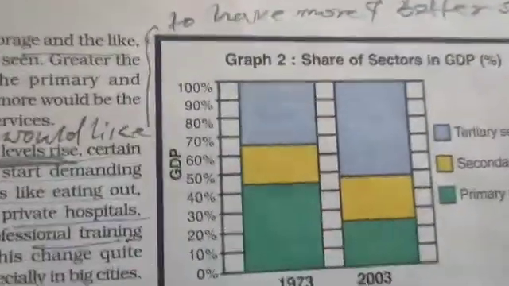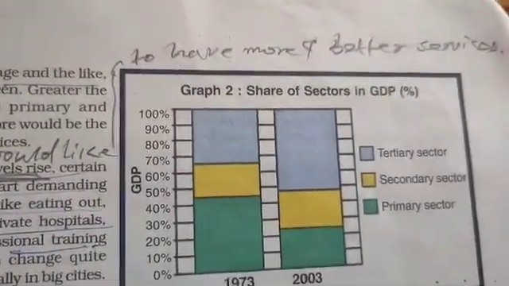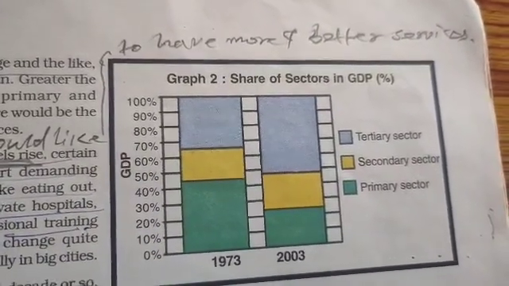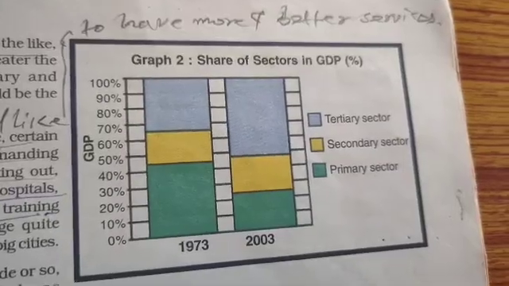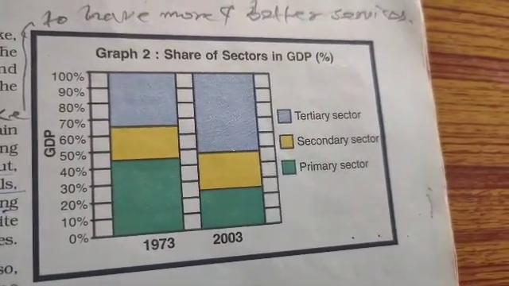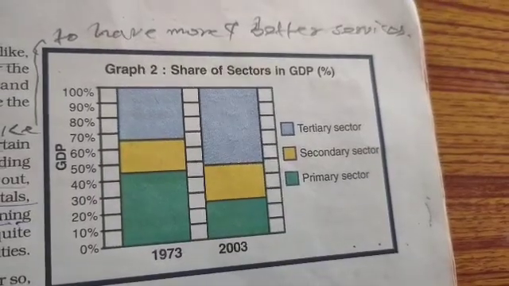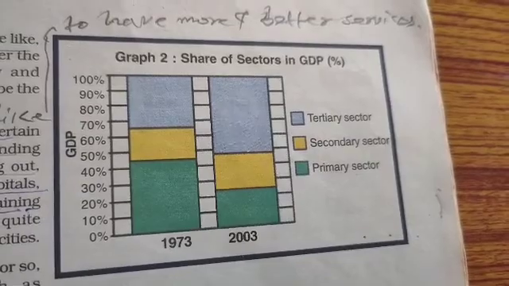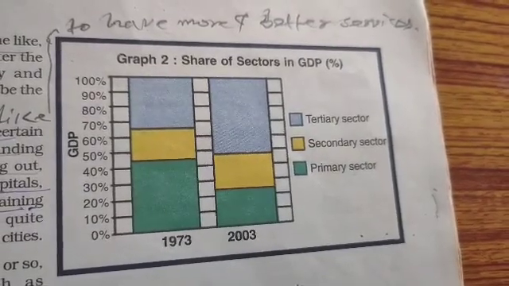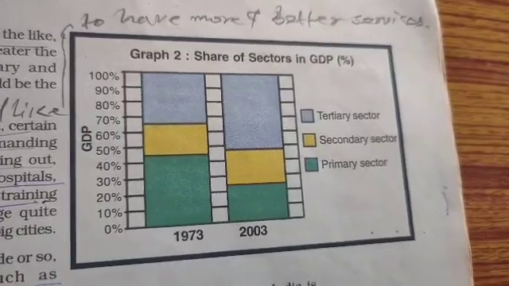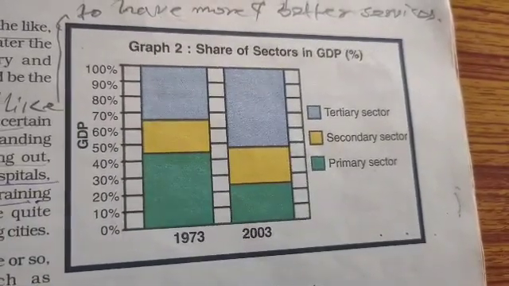Now children, look at graph number 2, which shows the share of the sectors in GDP in percentage. Again, here we are comparing the same data for the years 1973 and 2003. Just compare.